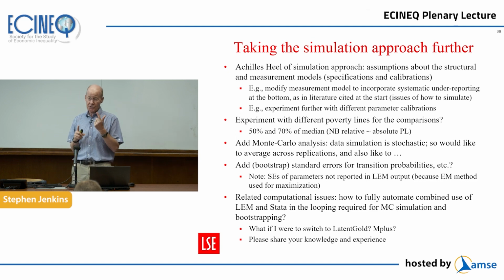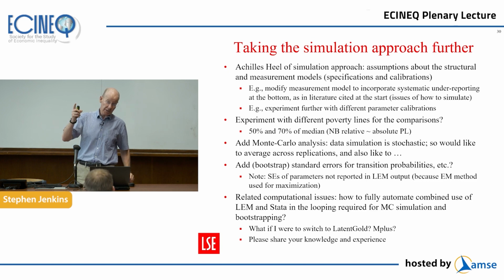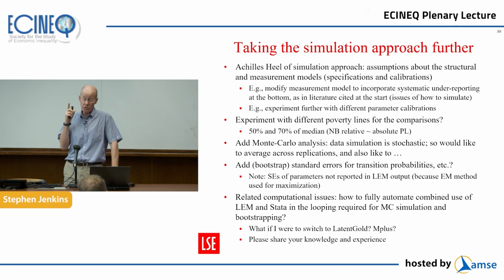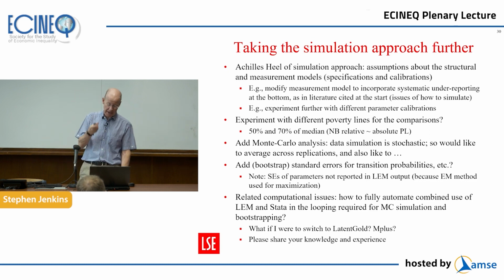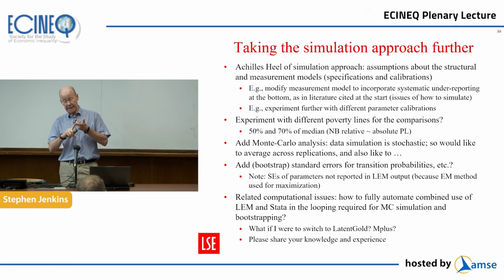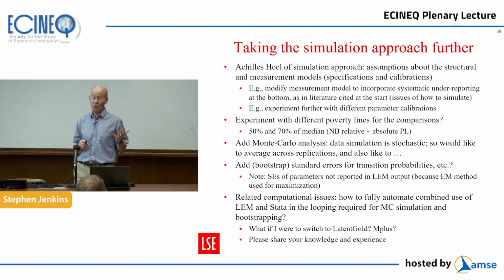One, because the Breen-Marciot approach, at least in the software that they're using, because it uses an expectation maximization method, does not produce any standard errors. So bootstrap is an obvious way of going about that. So taking account of simulation error, taking account of inference aspects as well, is an important next step.